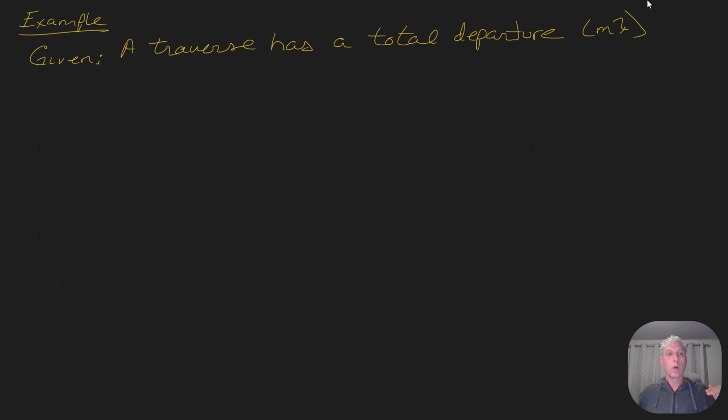That's our horizontal components of our traverse. So has a total departure of 10,362.78 international feet. Aha. Take notice of the units, okay? Because we're going to be working with different kinds of units here.